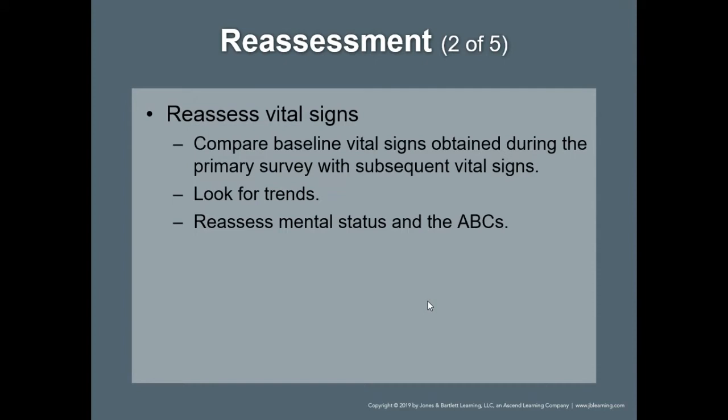Compare baseline vital signs obtained during the primary survey and subsequent vital signs. So generally you want at least 3 sets of vital signs to be able to identify trends, whether your patient is trending up or trending down. Reassess mental status and ABCs.